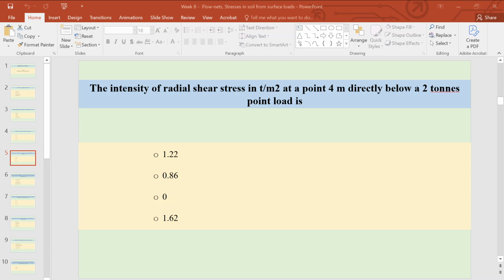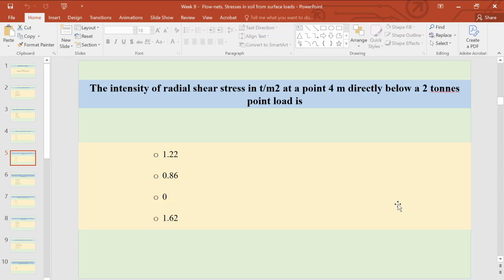The intensity of radial shear stress in ton per meter square at a point 4 meter directly below a 2 tons point load is. I believe this question will be easy for you because after solving the numericals from the last class, this question was already framed, so I have not removed it.